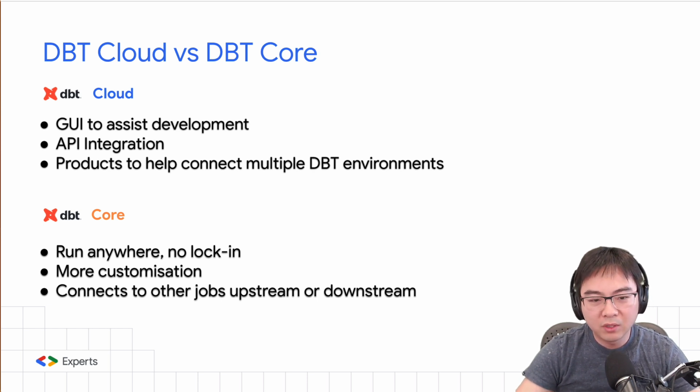You can't really do that with DBT Cloud, right? It's much harder. And I think that's the main benefit. You have more customization, there's no lock-in, and you're able to connect with upstream and downstream much more easily compared to DBT Cloud. But these two don't conflict.